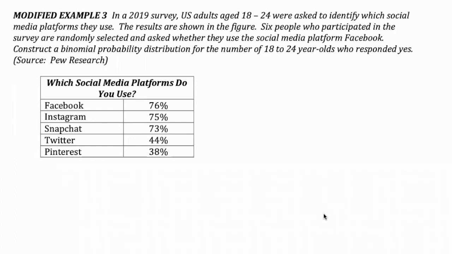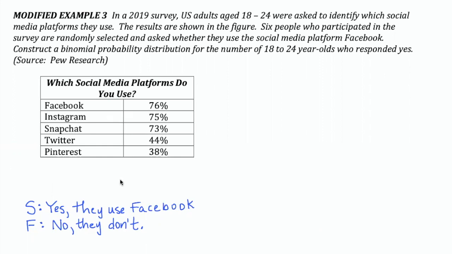Now, we learned about probability distributions in the previous section. Remember, probability distributions are just made up of each possible outcome and the probability that it occurs. First, I'm going to identify what would be a success and what would be a failure.